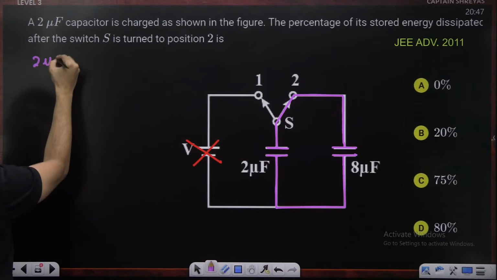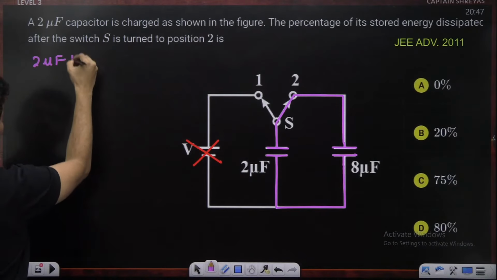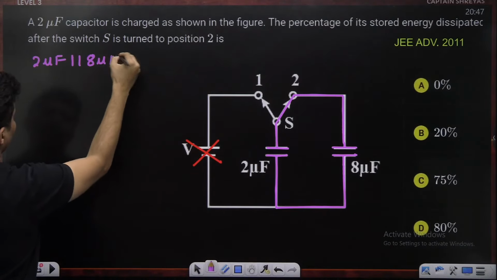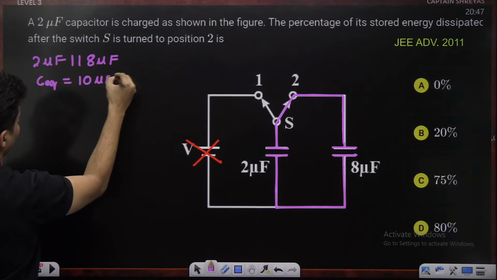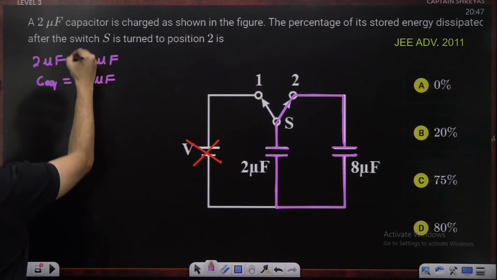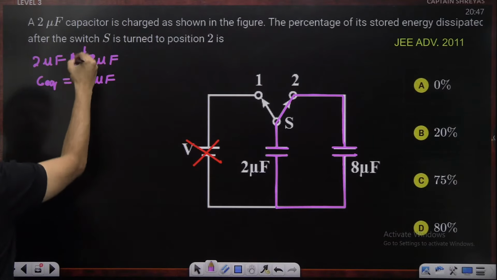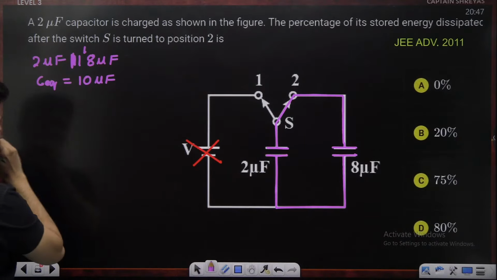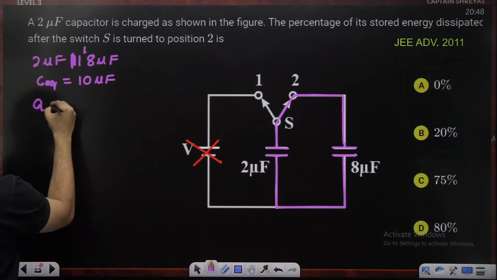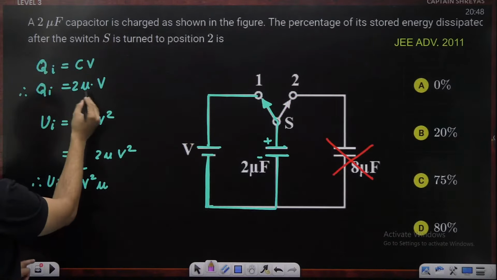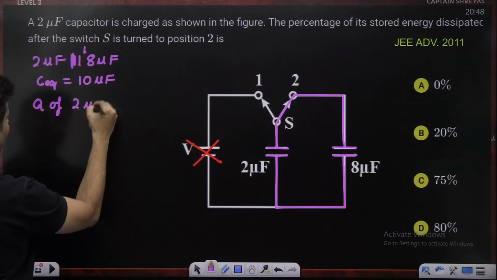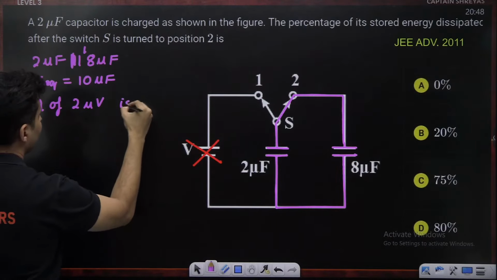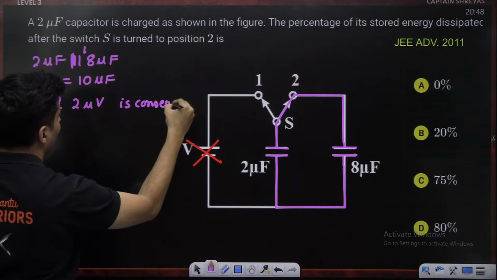So 2 microfarad is parallel to 8 microfarad, and the equivalent combination will become 10 microfarad because they are in parallel. Do not forget that. And the charge, 2 micro into V, is conserved.